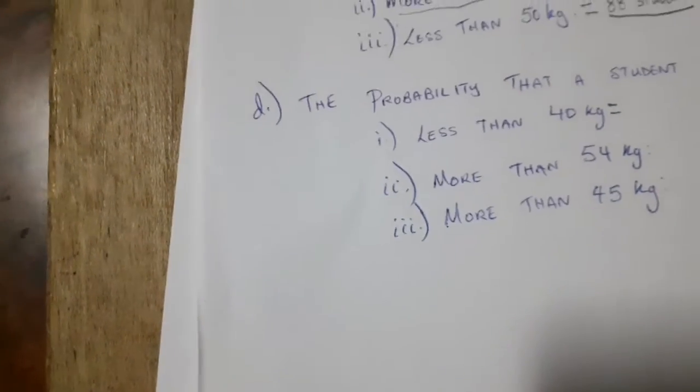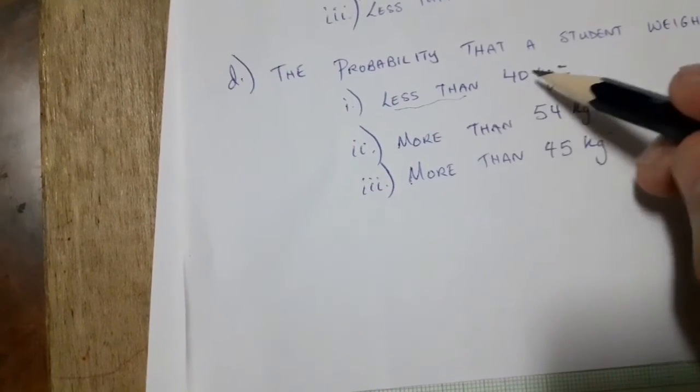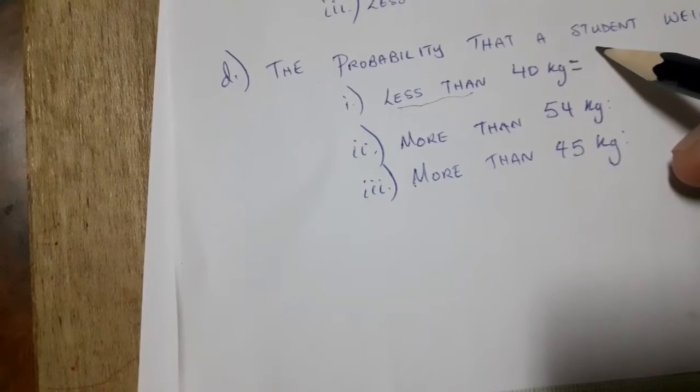So the probability that a student chosen at random weighed less than 40 kilograms, I got 50. If it is less than, we use the same value from the curve or the graph.